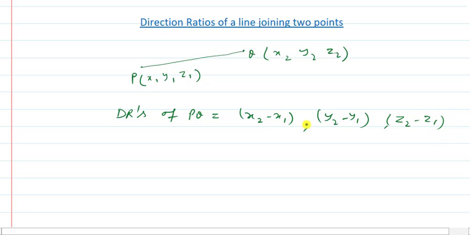In this case we will not use i cap, j cap, k cap, because here we are talking about a line, not a vector. After calculating direction ratios, you can easily calculate direction cosines of the line. So these are some basic concepts about three-dimensional geometry. Let me take some examples on the basis of these topics that I have discussed just now.